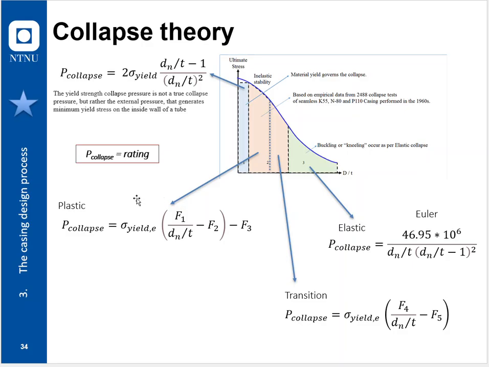Yeah, so we have the calculations here, D/t ratios all over with the F factors added, and you will get the collapse pressure rating according to this standard industry formula.